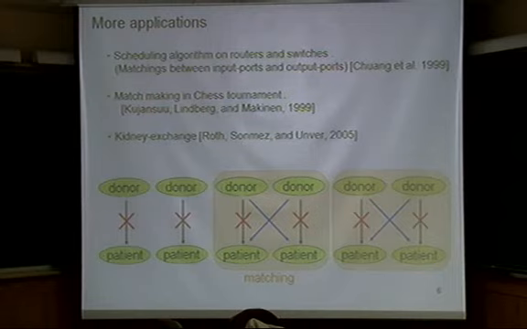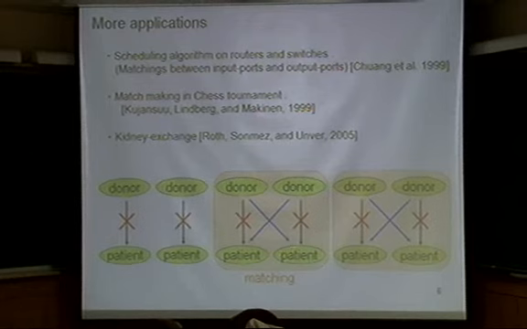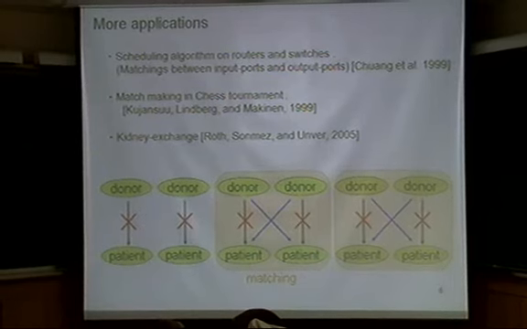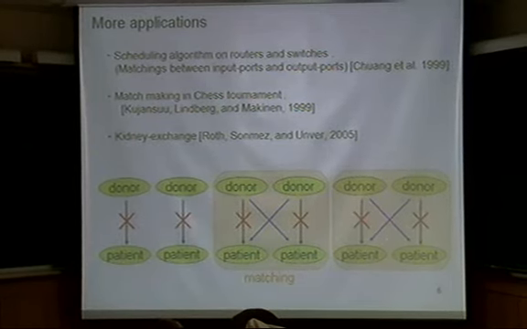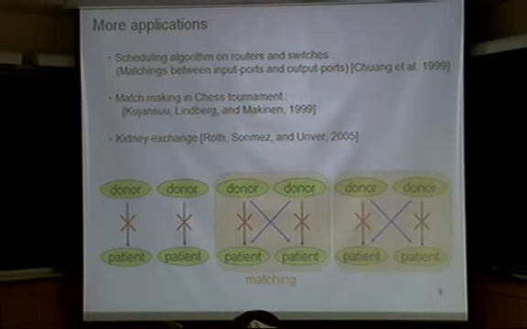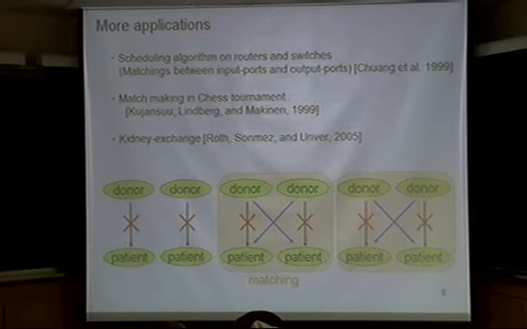The reason is that once this donor gives a kidney to this patient, this guy has no incentive to provide a kidney to this patient. So it should be done at once. So the short cycle is preferred.